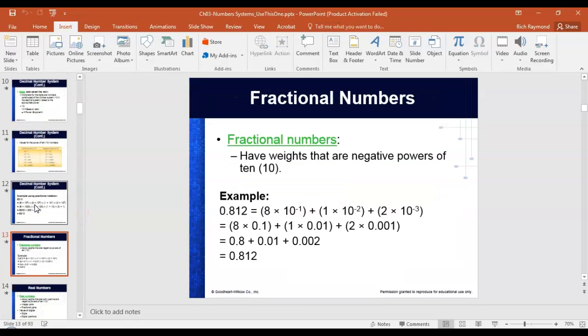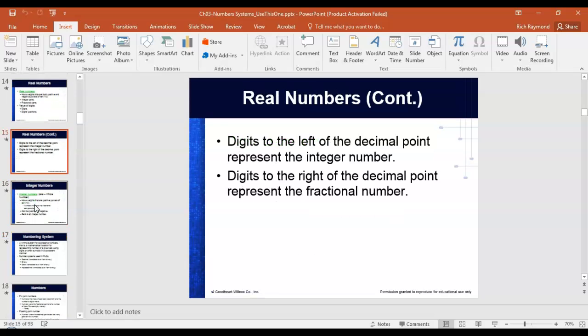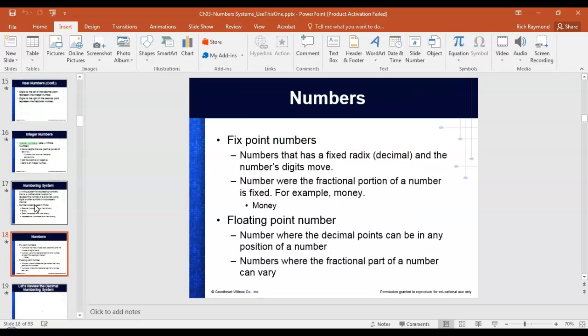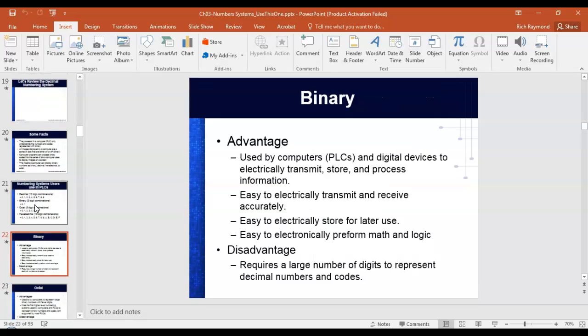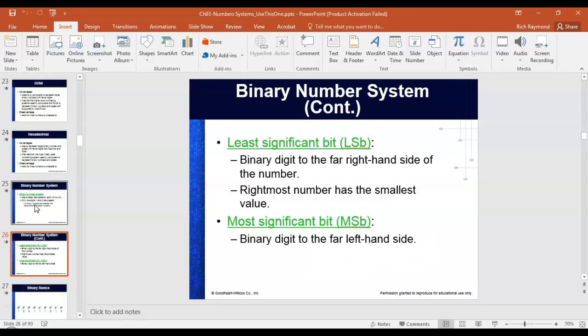So we looked at bases, we looked at real numbers, which this RSLogic 500 calls floating point numbers, by the way. And then we were getting into binary and then hexadecimal. In binary or hexadecimal we could use a calculator, but that's going to be cheating, guys.